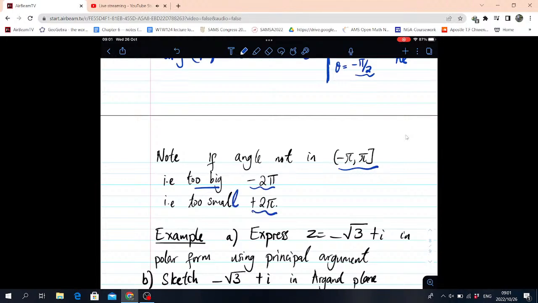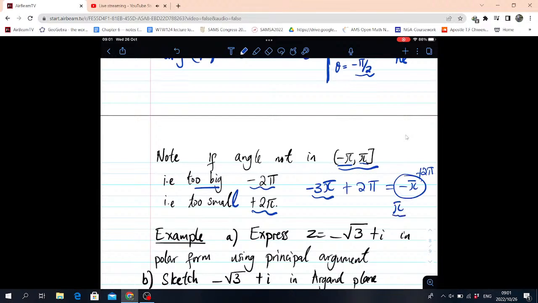So for example, if you've got minus 3 pi, this is too small, so you add 2 pi and get minus pi. This is not even in the interval yet because minus pi is not in it, so you add 2 pi again and you get pi, and now pi is in the interval.